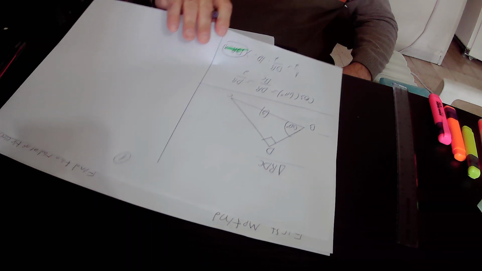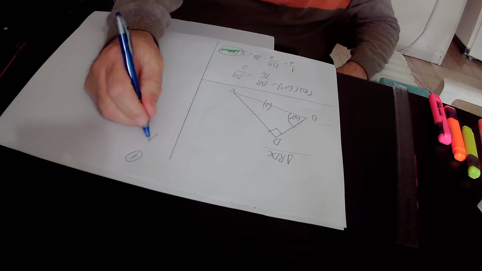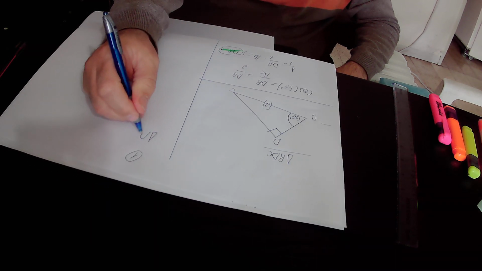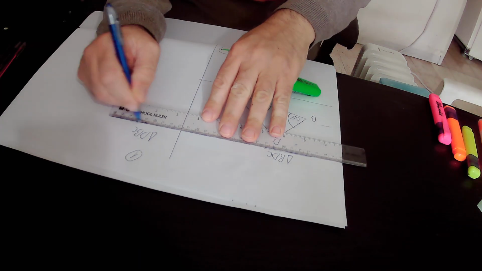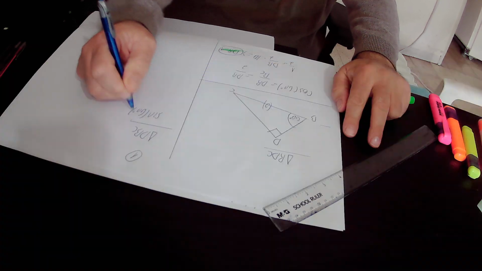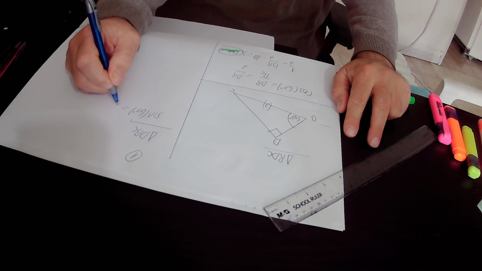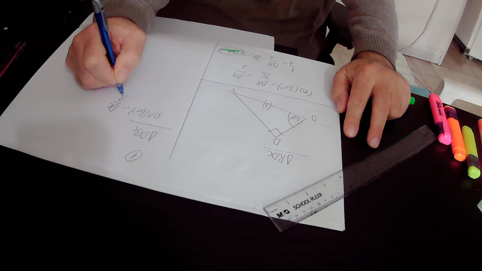We continue to focus on this right triangle DBC. In the right triangle DBC, sine 60 degrees equals DC over BC.